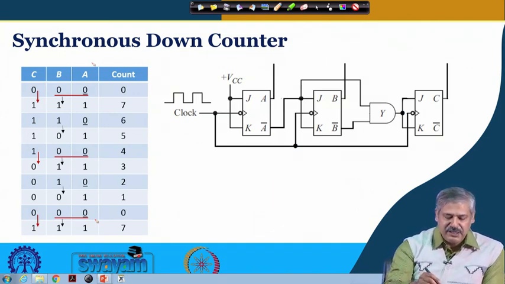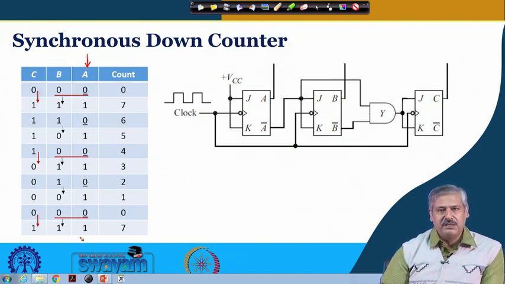Okay. So, if we look at A, it is toggling at every clock edge, right. So, this is how A is connected, both the inputs are 1, is fine, right.